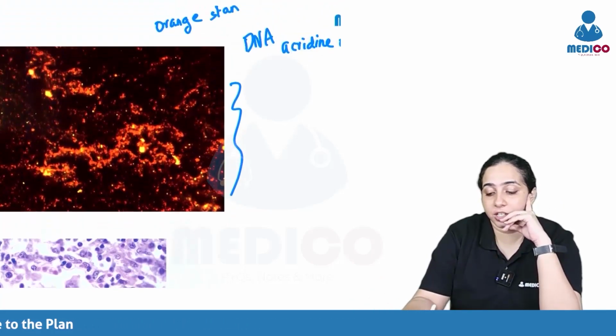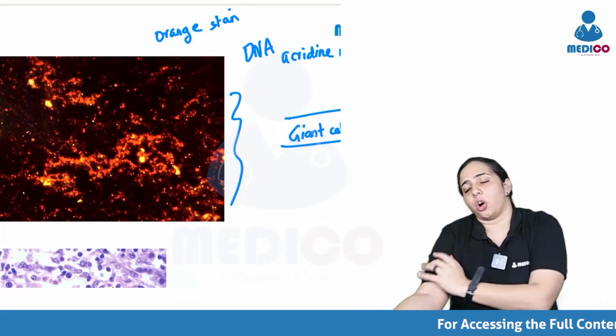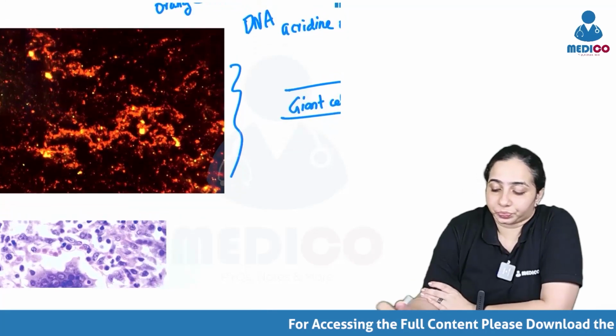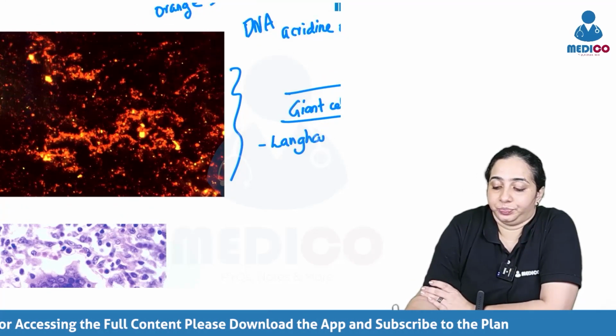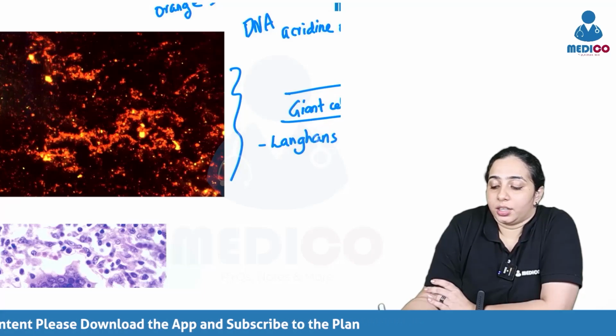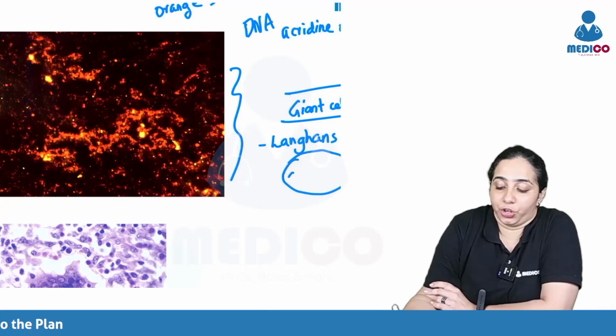Now let's move to the next question, that is giant cells. So what are the most common giant cells that you know? You have the Langhans giant cell that is seen in TB. So in Langhans giant cell, what do you see?